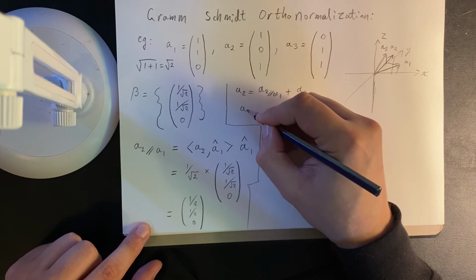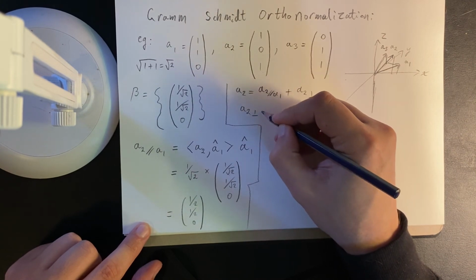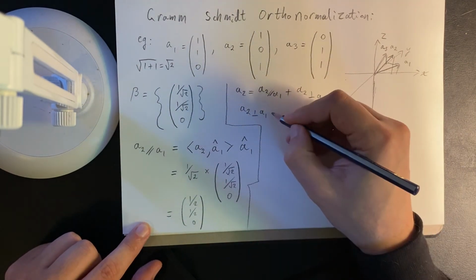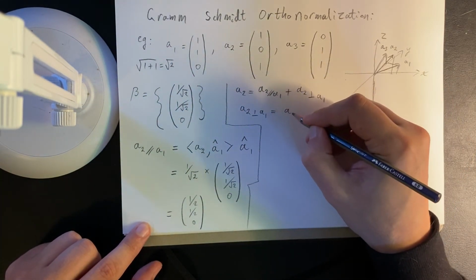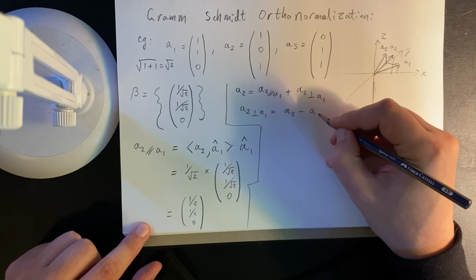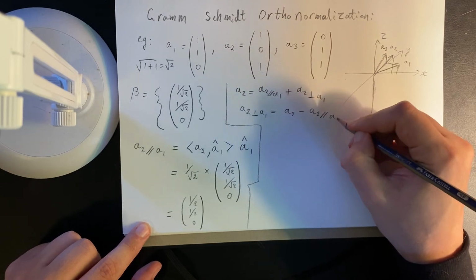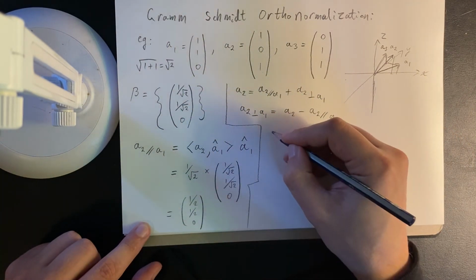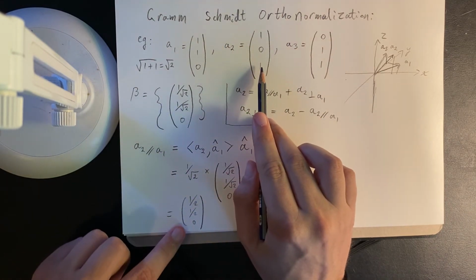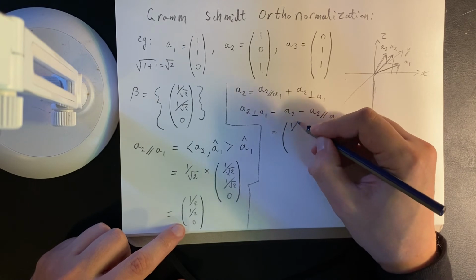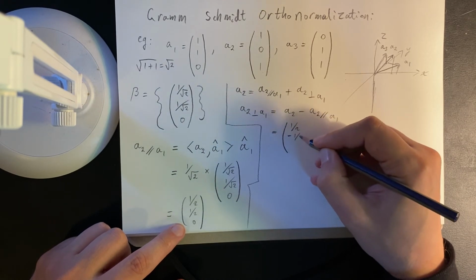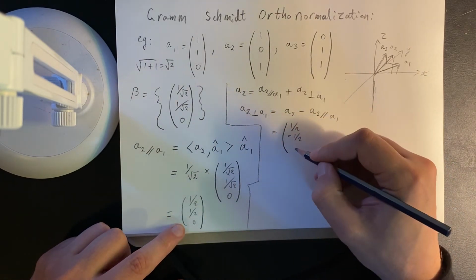To get the bit that's perpendicular, which is what we need to put in the basis set, we take A2 and remove the parallel part. So we just subtract this away, and we have 1/2, negative 1/2, 1.